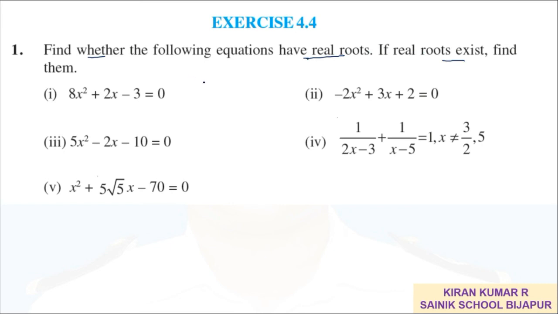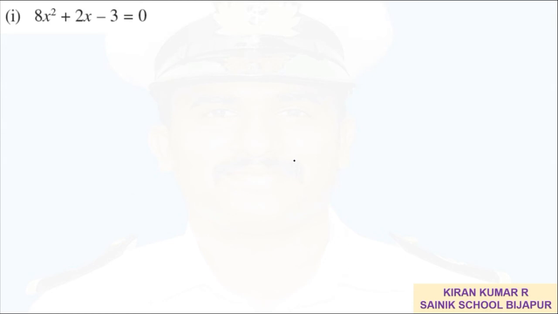Let me see the first one. The first sub question is 8x square plus 2x minus 3 equal to 0. How do we check whether the given equation has a real root or not? For that, we need to find the value of D. D is b square minus 4ac.